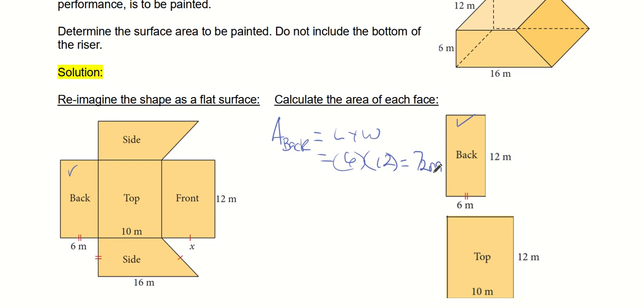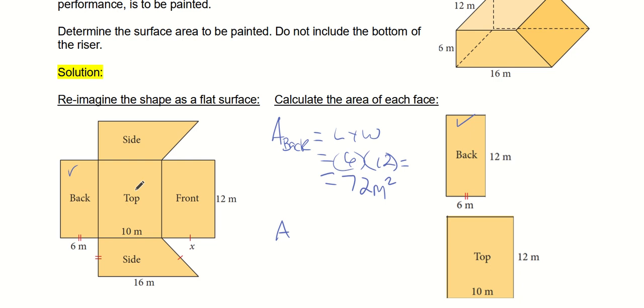Let me just go over here, I don't have enough space. 72 meters squared because it's area, and everything is in meters, so it makes things a little bit simpler for us. So we got the area of the back.